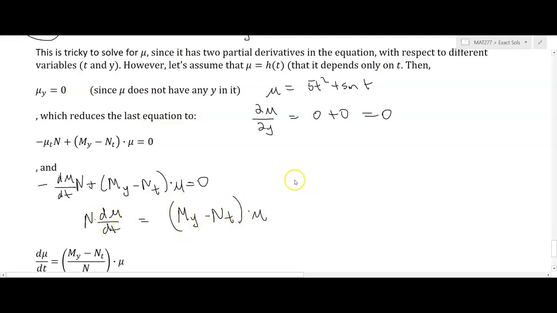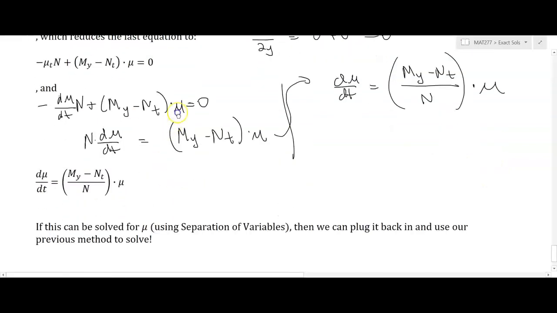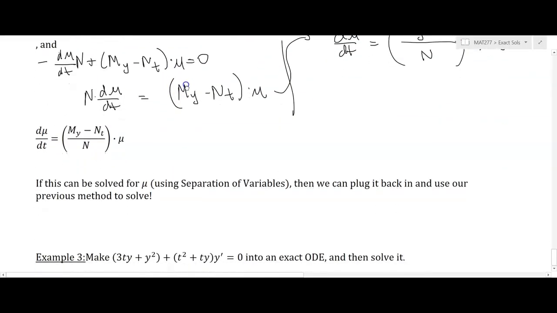Now if I divide both sides by N, I get d mu dt equals (M_y minus N_t) over N times mu. Now, this part right here is a function not involving mu, and this part is a function involving just mu, so this is a separable differential equation.